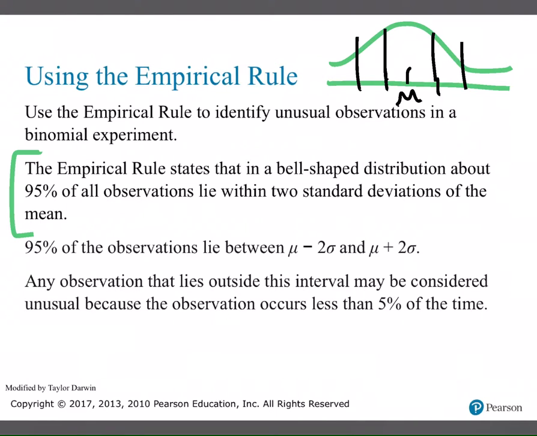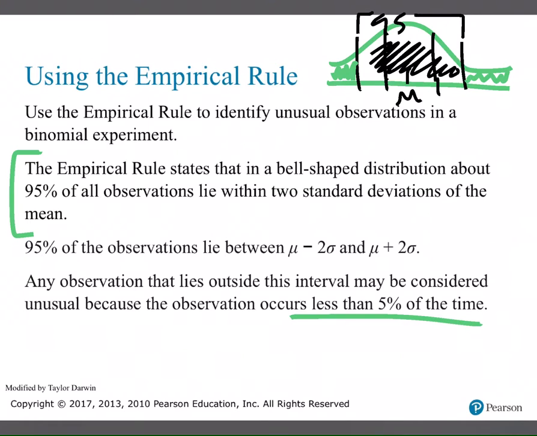And so if we find something that lies within 2 standard deviations of the mean, we can say it's pretty normal because that's 95%. But outside of that, there lies 5% out here, right? In these two tails. The leftover. And anything outside of that 95%, that 5%, we can say is unusual because it occurs less than 5% of the time.